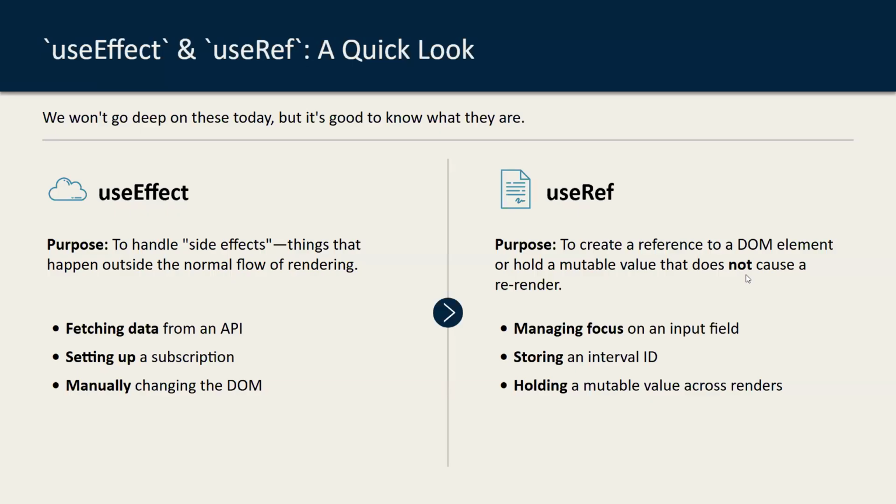useEffect is used for side effects, which means whatever work happens outside the normal render process. Common examples include fetching data from an API, setting up a subscription, or manually interacting with the DOM. And useRef is used to hold a reference to a DOM element or store a mutable value that should persist across renders without causing a re-render.